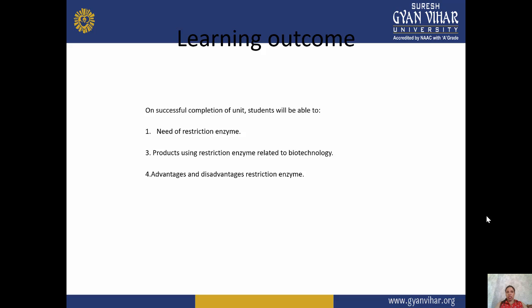Should we use restriction enzyme or not, what type of restriction enzyme we can use, and what are the advantages and disadvantages related to using the restriction enzyme in the process of DNA recombination. All this you will come to know after the completion of this unit. These are the learning objectives and learning outcomes related to the field of biotechnology.